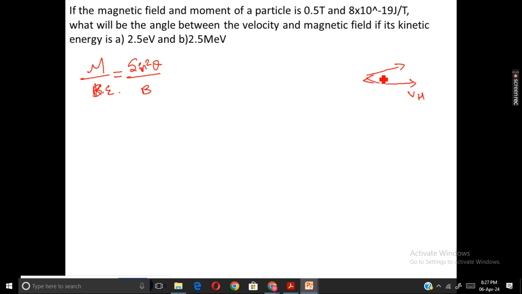This is V horizontal. This angle is basically theta. This is V perpendicular. This is the actual direction.